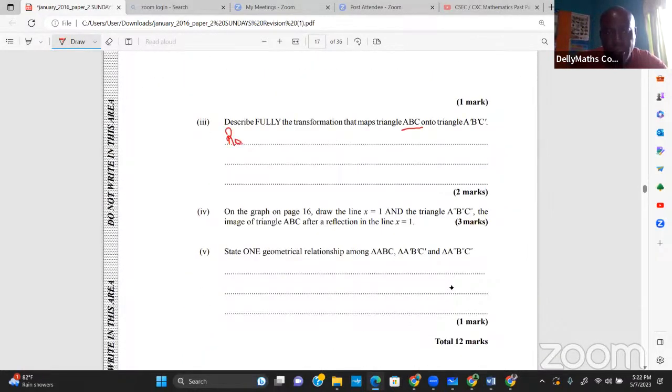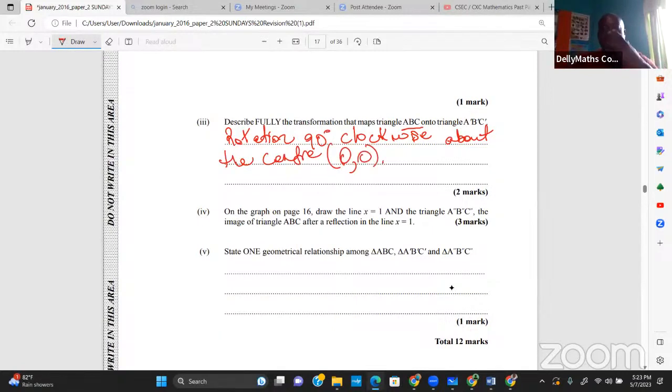It's a rotation, 90 degrees clockwise, about the center (0, 0). That's it.